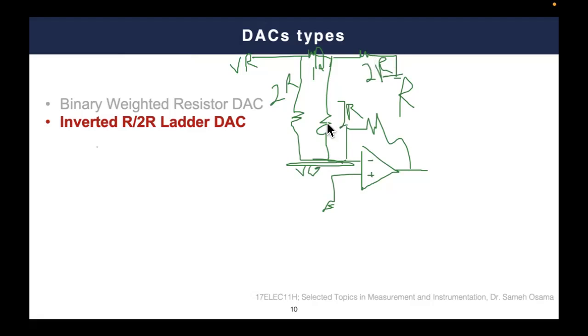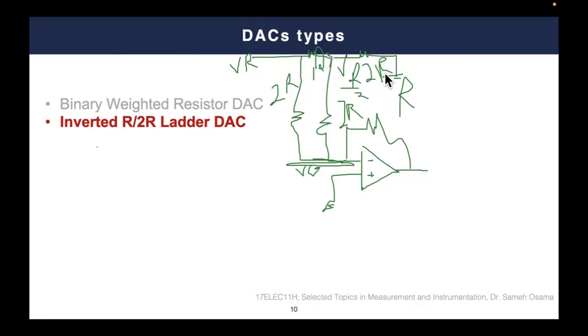So these 2R and 2R are in parallel, equivalent to a value R. So when this voltage is VR, and we have resistances R and R connected to the ground, then the voltage here is a potential divider, which is simply VR over 2.